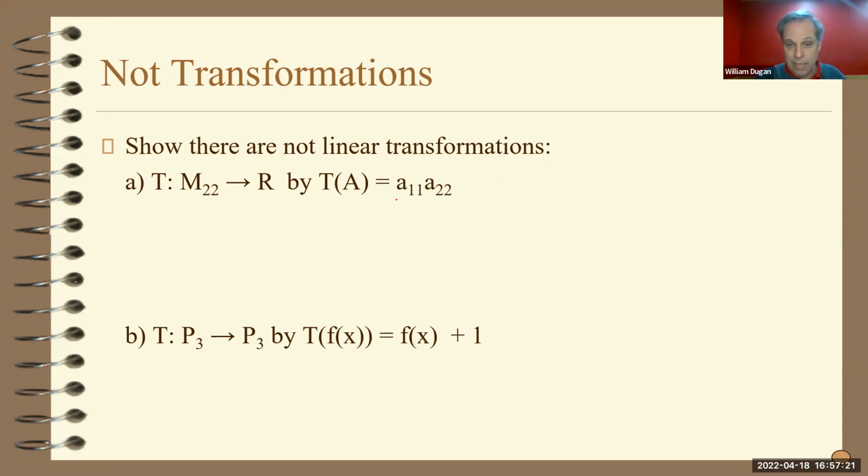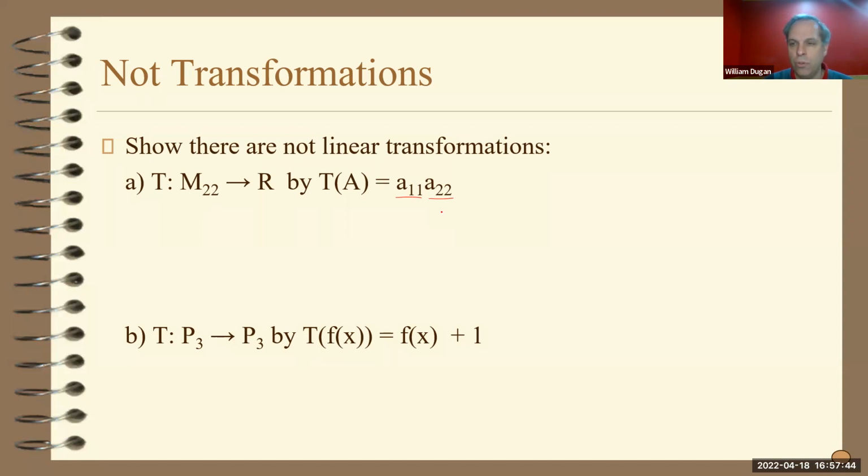That's what this here means. This transformation just takes a matrix, takes its entries on its main diagonal, and literally just multiplies them together. I have to convince you that that's not a linear transform. So the easiest way to do this usually, if it's not a linear transform, it usually is not a linear transform for lots of reasons. I would focus on basis vectors.